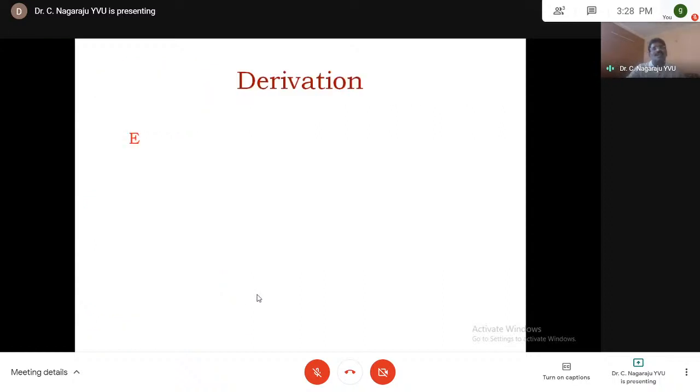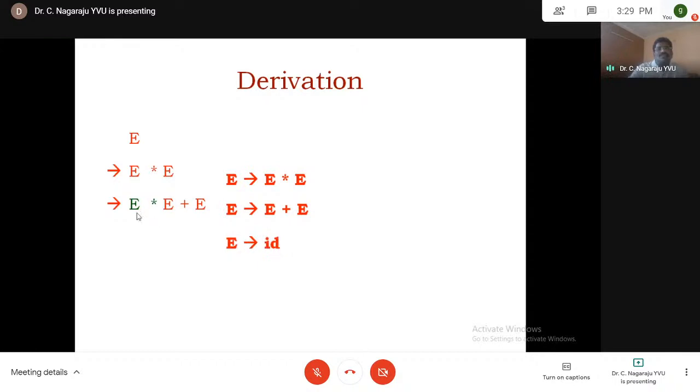First, suppose in the derivation, the same thing I have taken, E can have the form of E star E. So we can call it a derivation. Here we have E star E, and suppose the second E is replaced with E plus E, and then E is replaced with ID, and the other E is also replaced with ID, and so on.